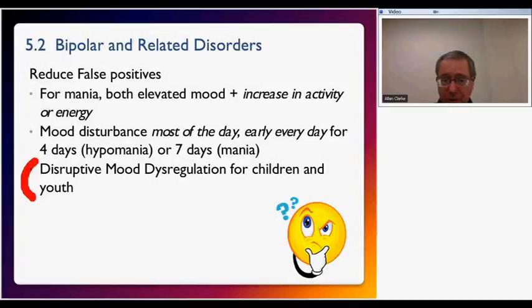Within children, they're able to identify a group of kids who have emotional outbursts, excessive temper tantrums that are beyond what you would expect for their developmental age level. This can be captured in this new category, disruptive mood dysregulation. And then as they become adults, it can be looked at through a new lens.